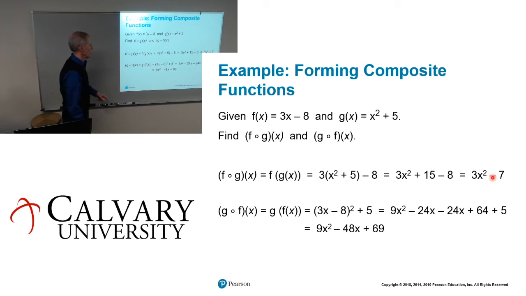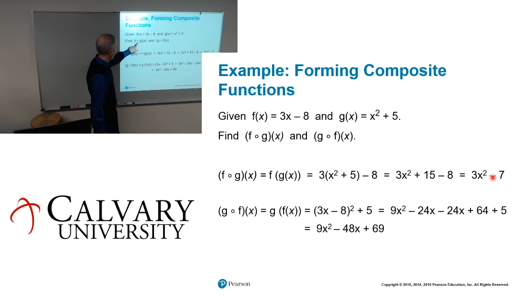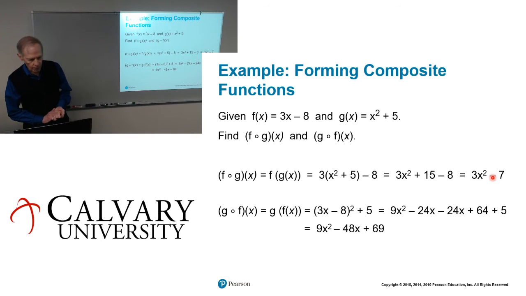So yeah, the idea of f of g of x is to substitute the g in place of this x, and then the opposite occurs of g of f of x, to substitute in the one x here and square it. So that's composition of functions.